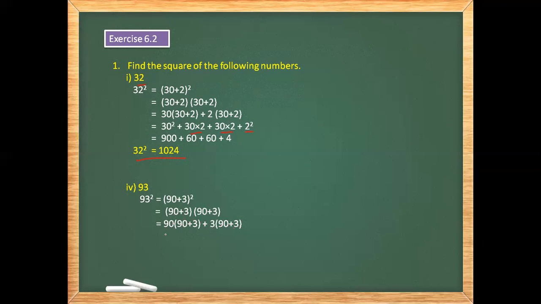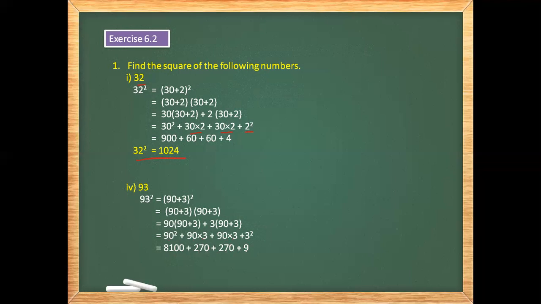Now expand this. 90 into 90, 90 squared. 90 into 3 plus 90 into 3 and plus 3 into 3 is what? 3 squared. Now see children. What is the square of 90? 8100. Plus 90 threes are 270, 90 threes are 270. And what is the square of 3? It is 9.